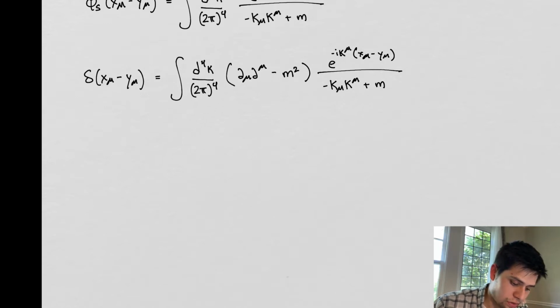So we've done nothing, we're just moving things around a little bit. And then what we can do is say, well, this right here, when it acts on this thing in here, this is all just a constant, okay?